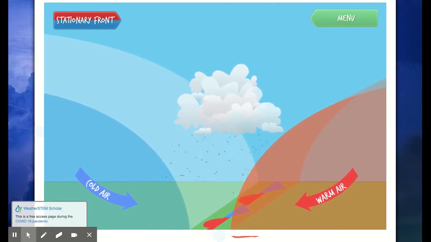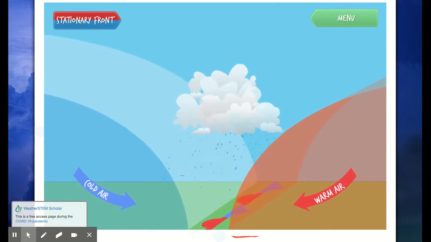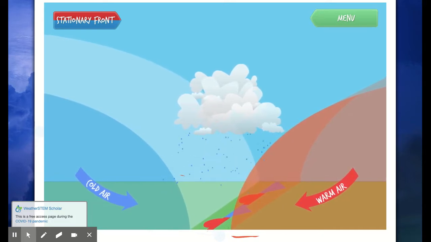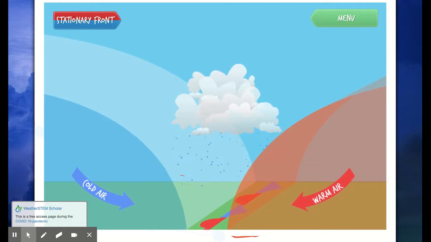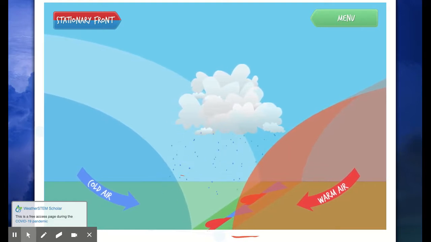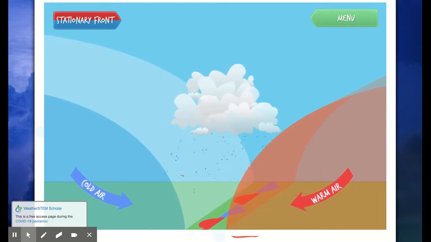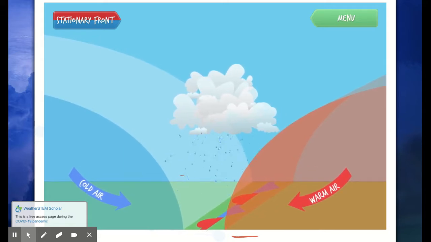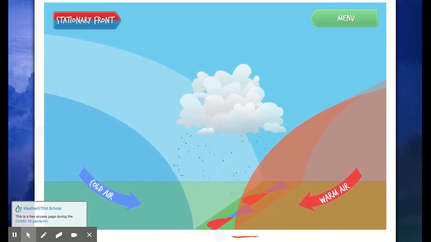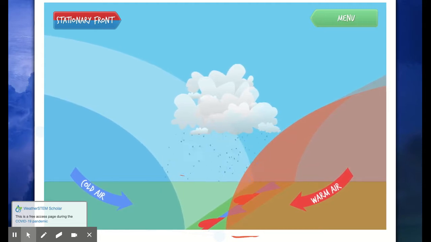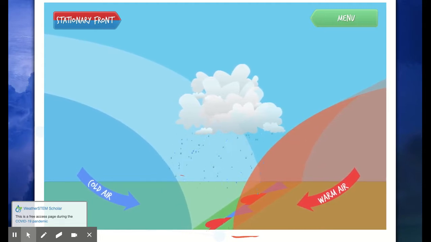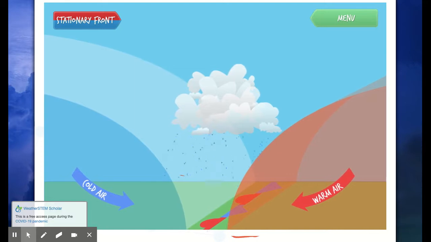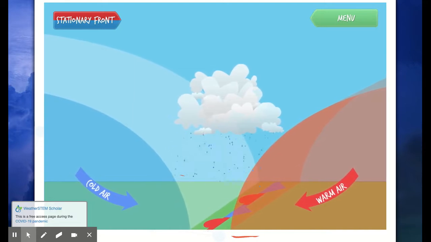Okay, one's not going under the other, one's not going above, they kind of meet and there's a standstill. And we do have weather that results as the result of the standstill. We have clouds and rain and precipitation, and it can kind of last a while because nothing's really happening. They just meet, there's a standstill, and you get some weather for a while that will eventually go away, but you don't have that under over like we did for the warm and cold front.